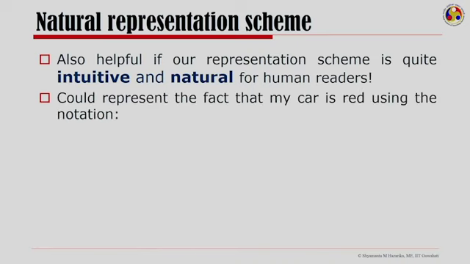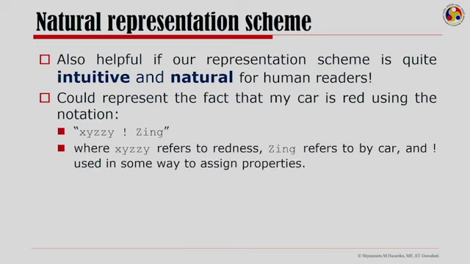So, I could represent the fact that my car is red using a notation something like XYZZY bang zing, where XYZZY could refer to redness, zing refers to my car, and bang is used in some way to assign properties. But for a human reader, the statement here would really not be comprehensible.